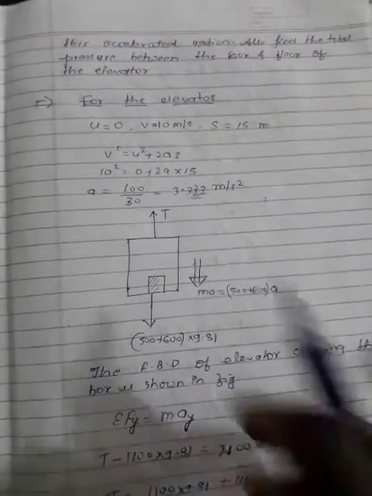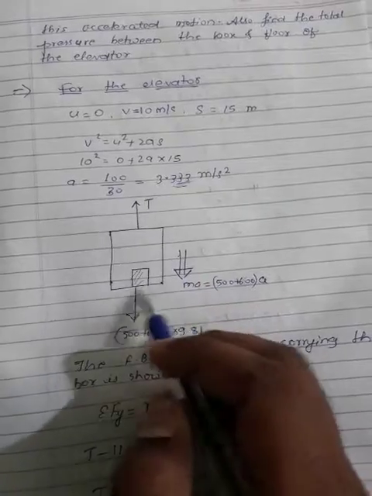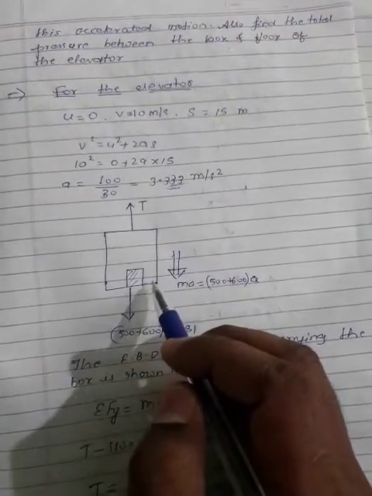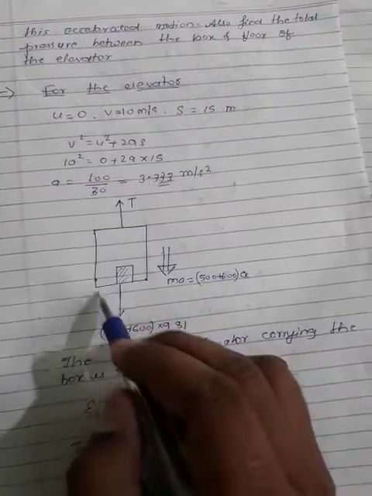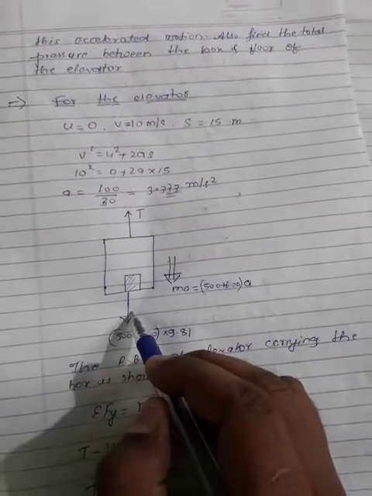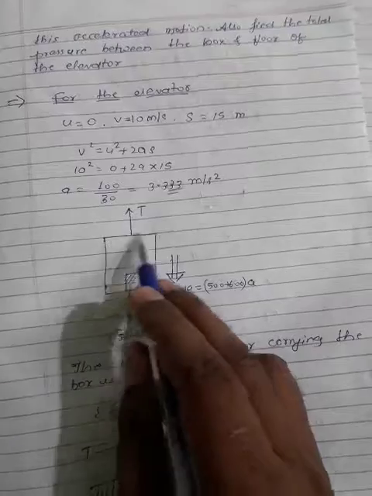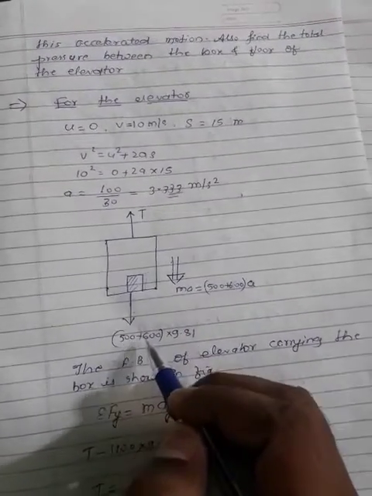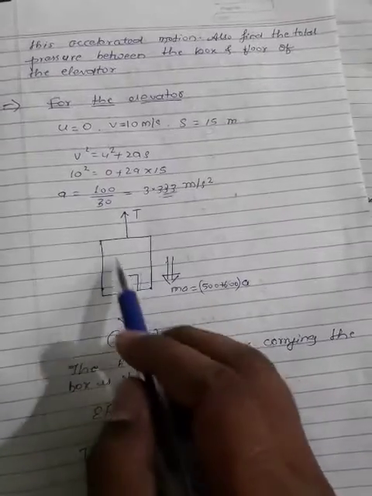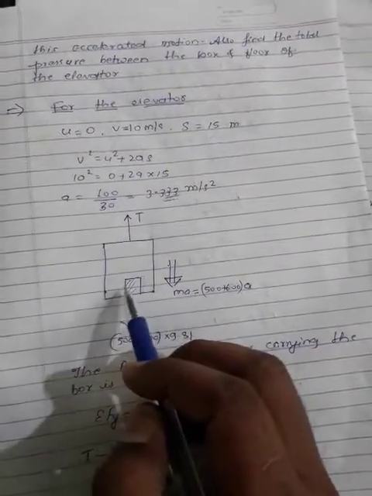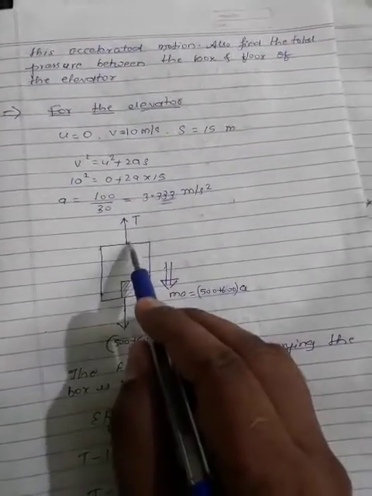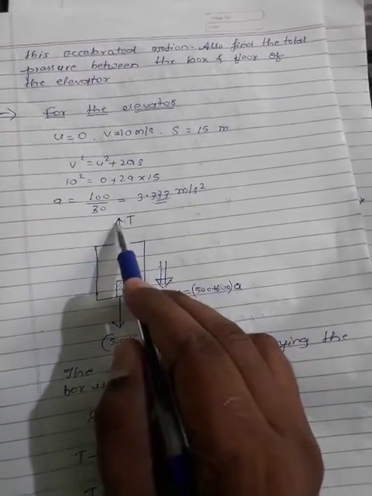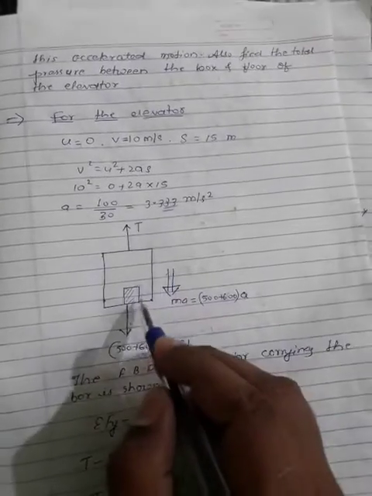Now I am drawing the free body diagram for the elevator, which shows the weight of the elevator plus the weight of the box. So in the elevator there is a box which has a mass of 600 kg. So I am considering the total elevator with the box. The elevator is connected by a cable, so there will be a tension in the cable.